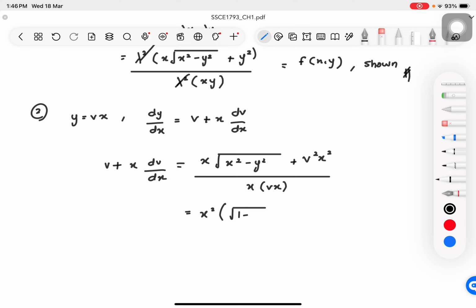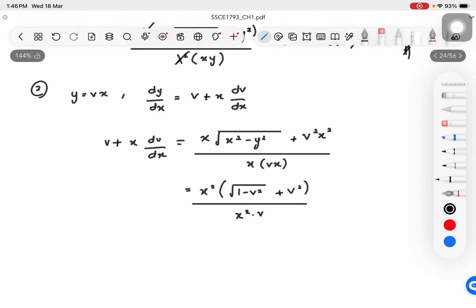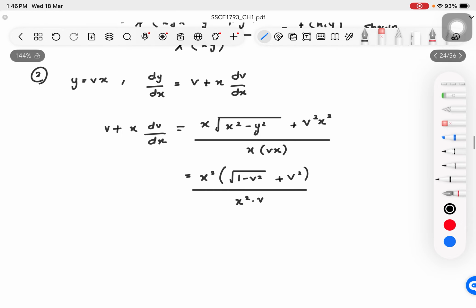So 1 minus v squared, x squared v. Now try to see, this one can be cancelled out.